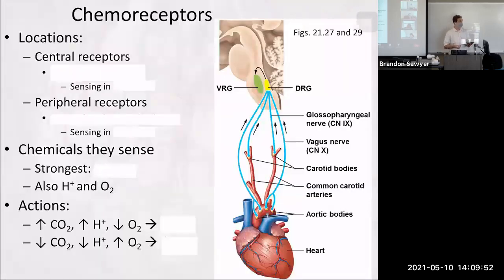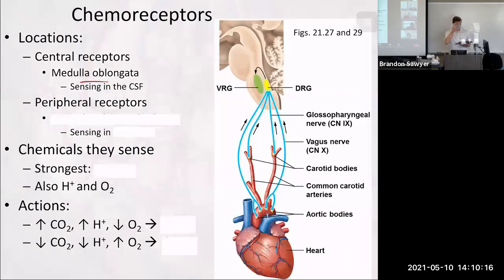Okay, so let's talk about those chemoreceptor reflexes a little bit. There are multiple locations where chemicals are sensed throughout the body. There are central receptors that we find in the medulla oblongata itself, and those are sensing the amount of certain chemicals in the cerebrospinal fluid, the CSF.